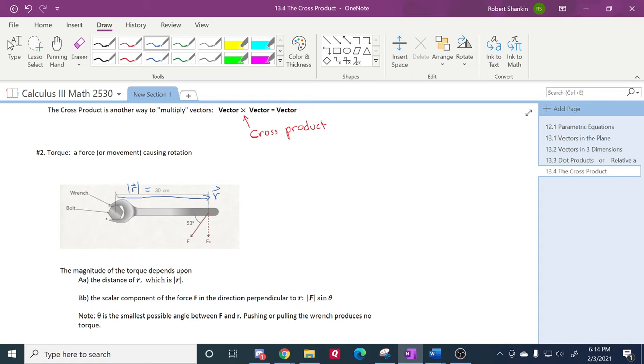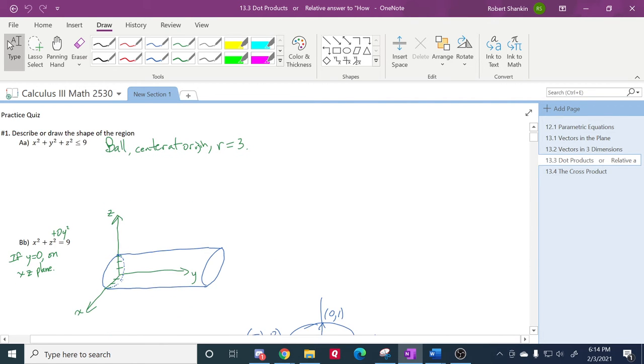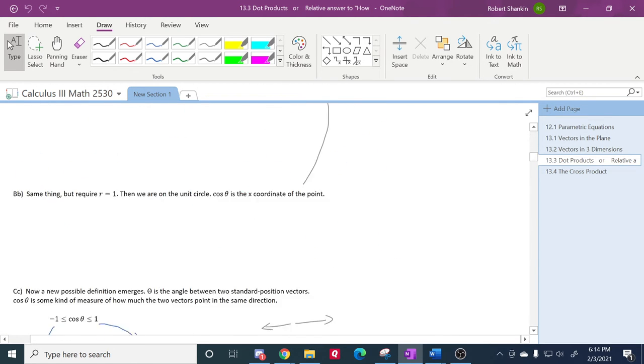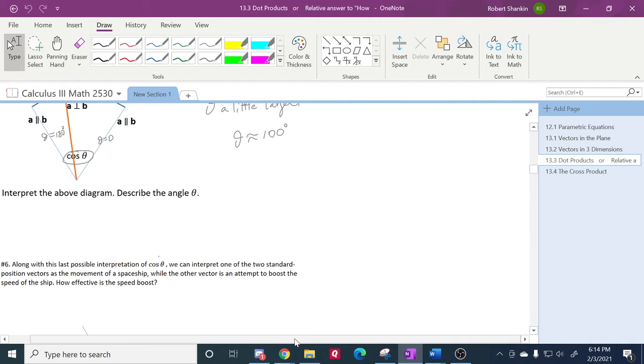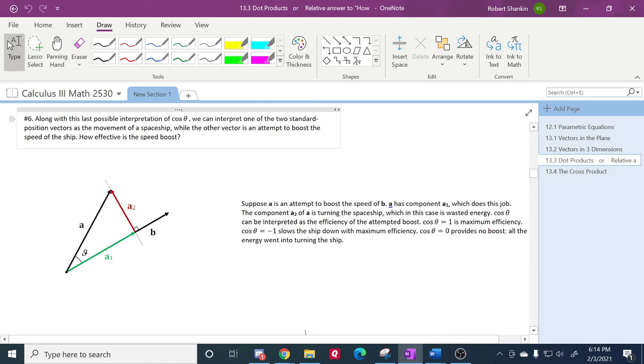All right. So notice the contrast of this to dot product. When we had dot products and we had an image here, we thought of boosting the speed.